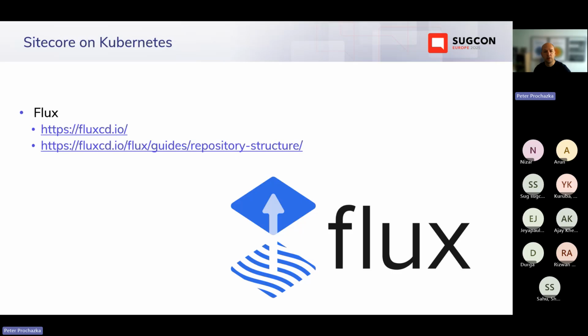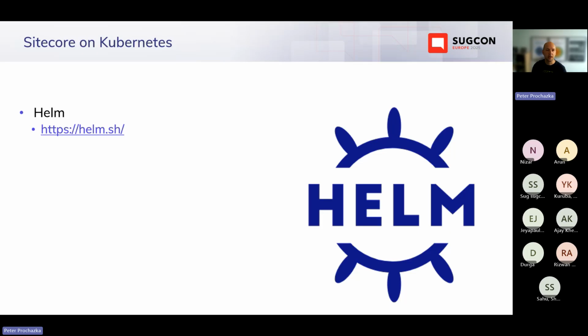Flux is a tool to keep the Kubernetes cluster in sync with the sources of configuration, like Git repositories, and automating updates to configuration when there is new code to deploy. This is done also using Helm charts. Helm is basically a package manager for Kubernetes.